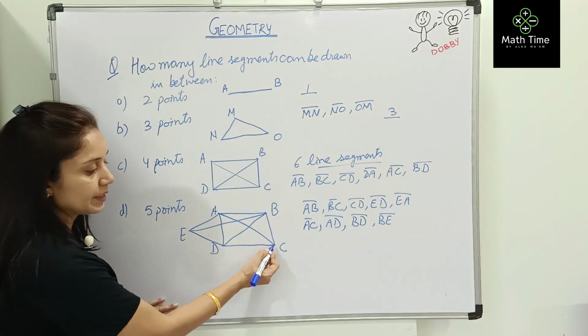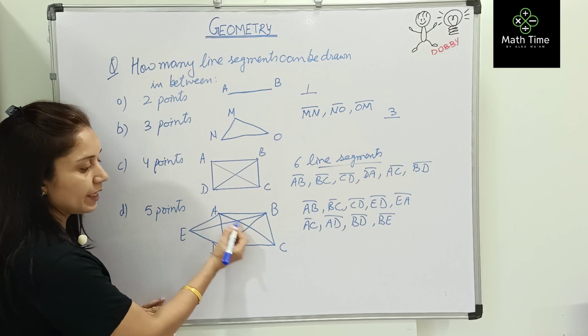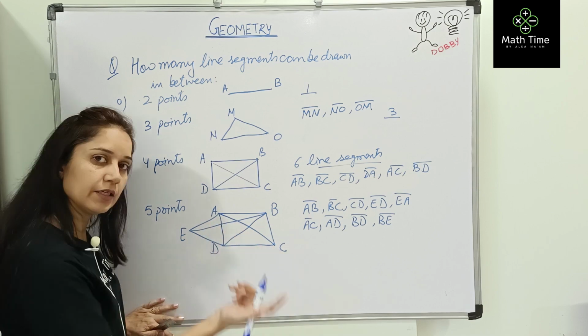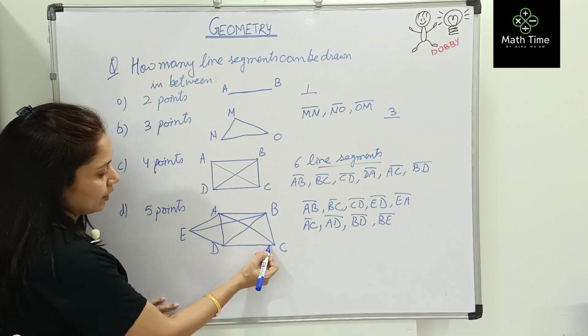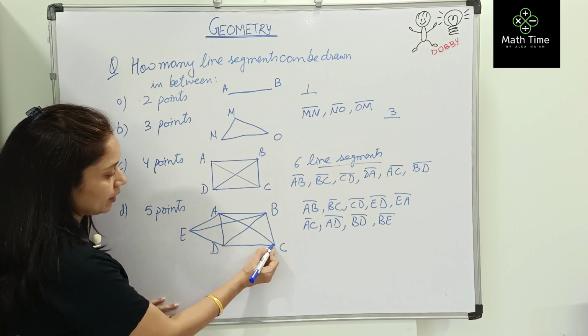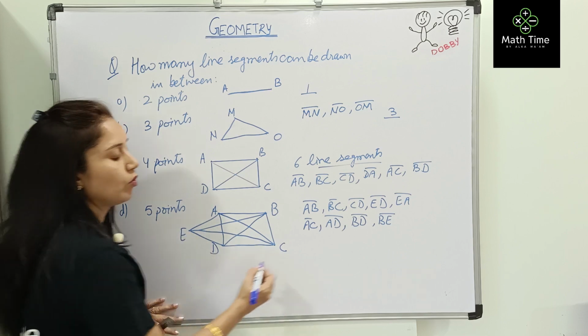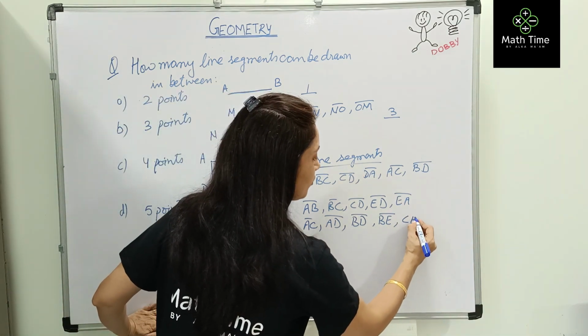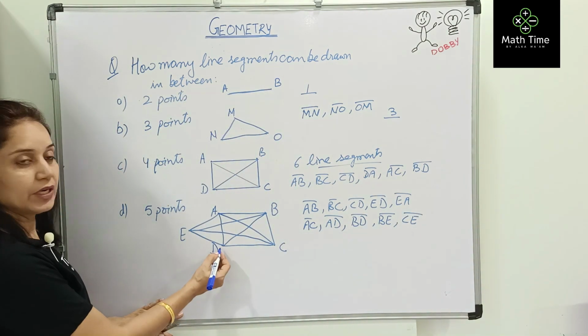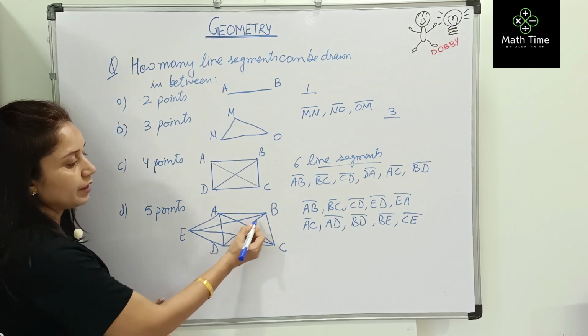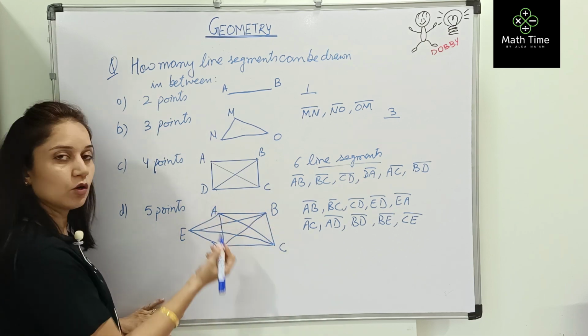Now going to point C. From C, CA has already been drawn. CA or AC is the same, so no need to draw again. Then from C we can make CE. Okay, CE, just one more we have made from C. Coming to point D. From D, DB is already done and DA is also done.